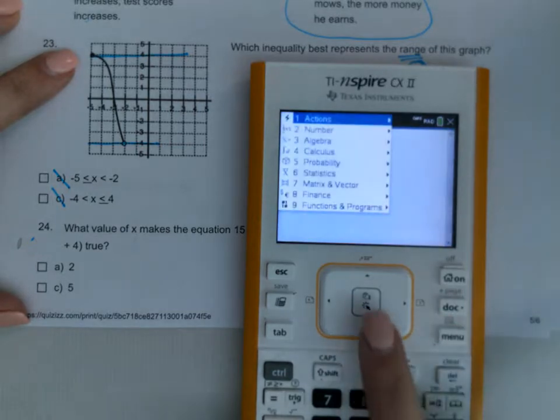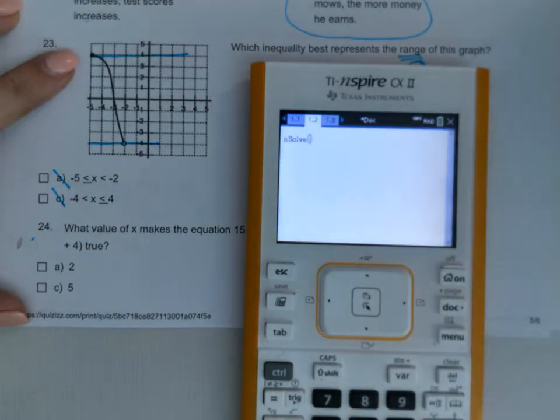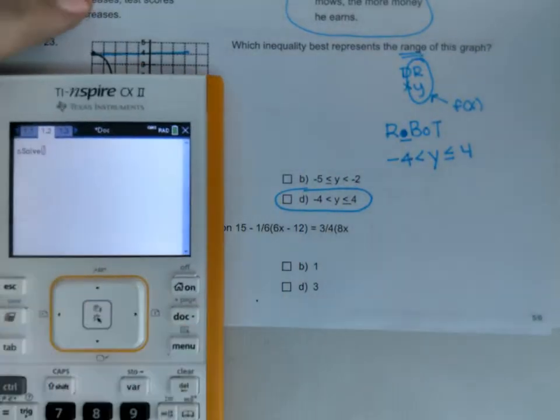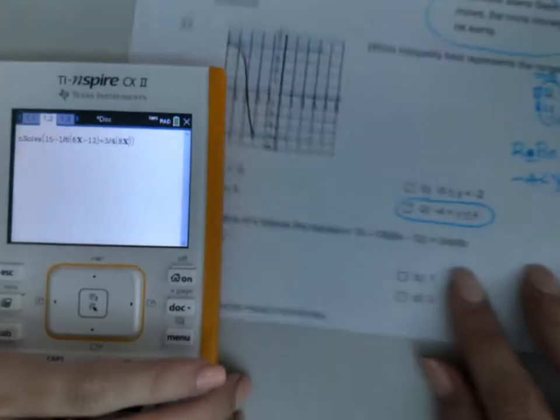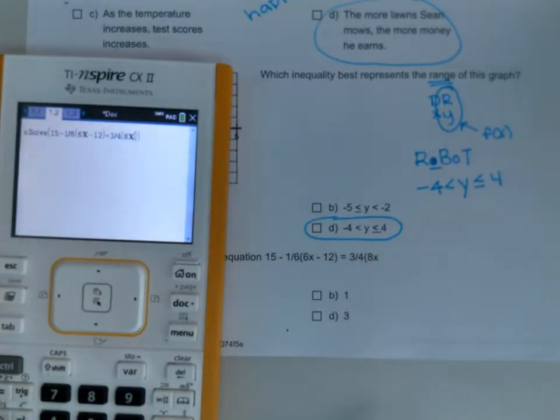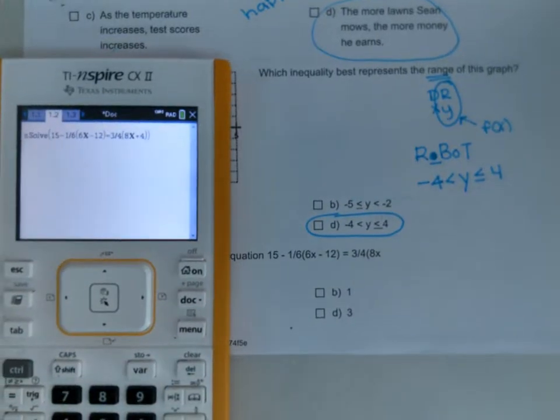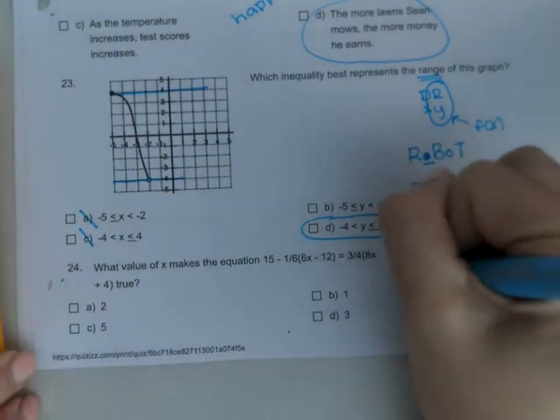We click Menu, Algebra, Numerical Solve, and we type in the equation. 15 minus 1 divided by 6, parentheses, 6x minus 12, close parentheses, equals 3 divided by 4, parentheses, 8x plus 4, close parentheses. Then we have to tell it what to solve for, so comma x. And my answer is 2.